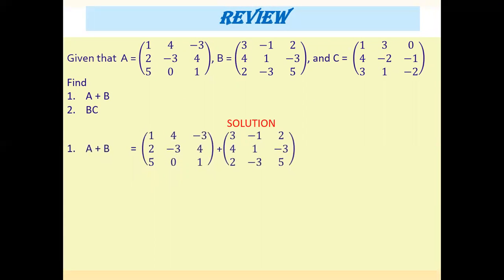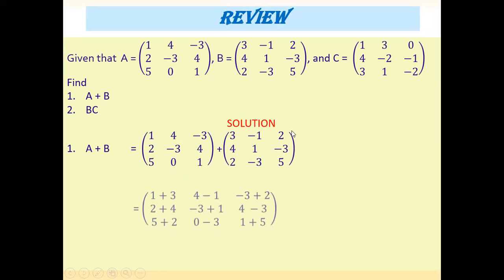Remember that all we need to do for addition is add the elements in the corresponding positions. For example, we have 1 here, and it corresponds to 3, because this position is A11. So you add 1 plus 3, you add 4 and minus 1, you add minus 3 and 2.